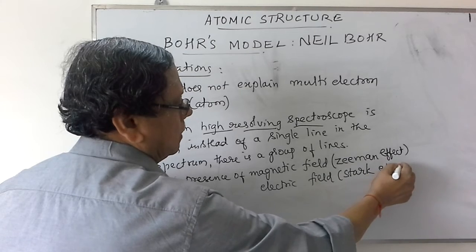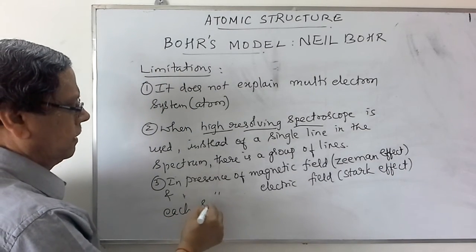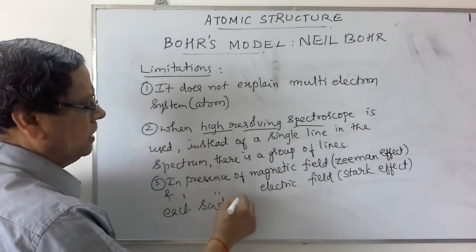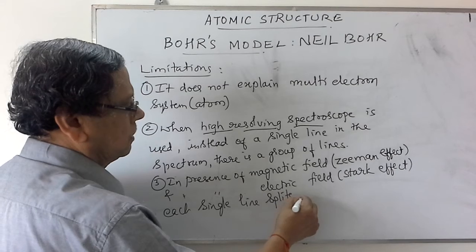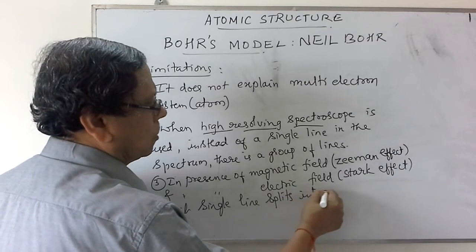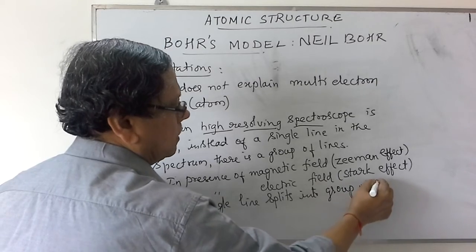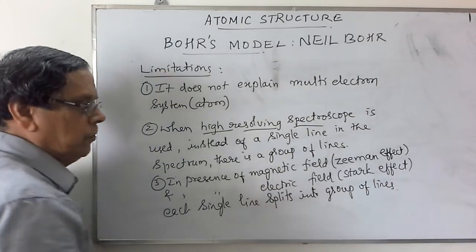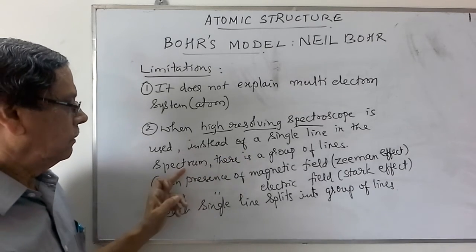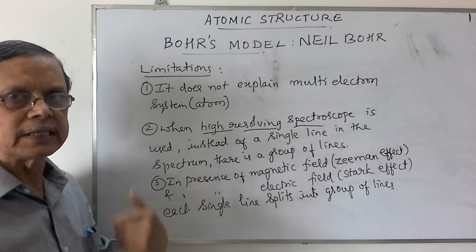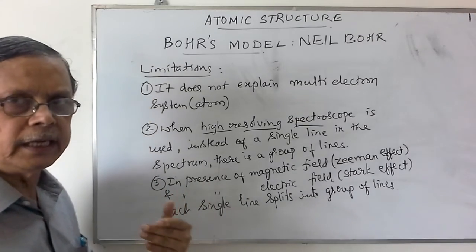Each single line splits into a group of lines. As I told you, in the hydrogen spectrum we observe one line for each transition, between 2 to 1, 3 to 2, 4 to 3, like that.